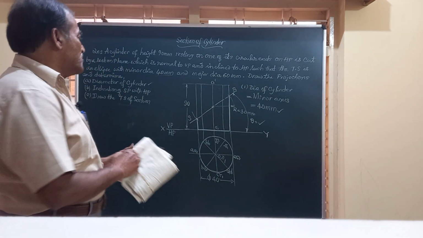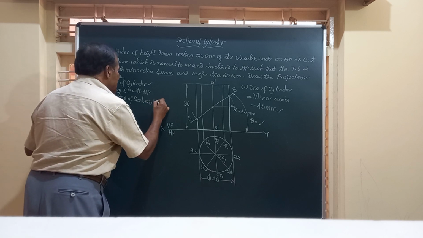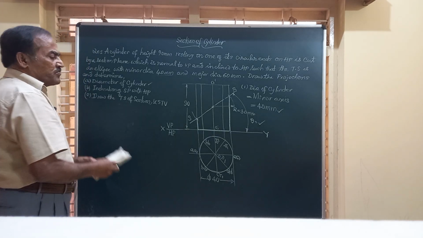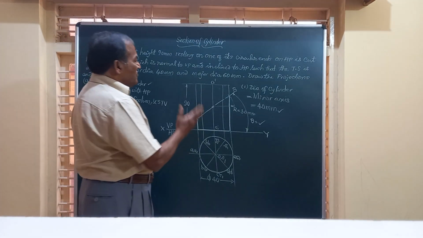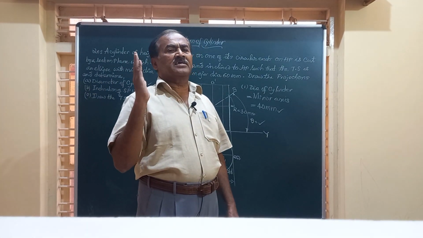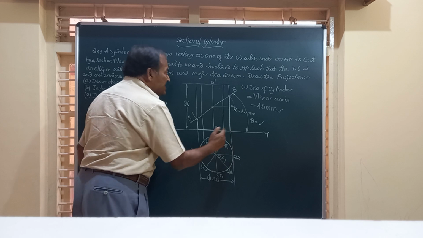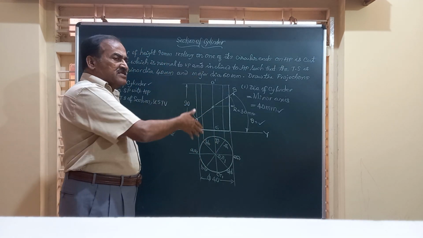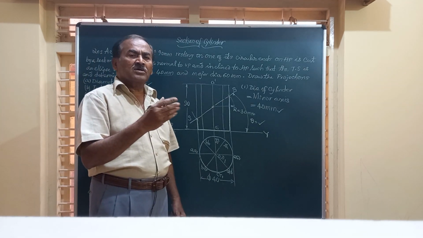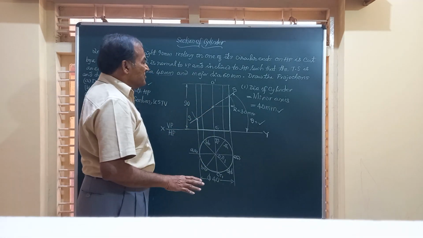So friends, to draw the true shape of section, and also the sectional top view, we will have both. So we'll have the sectional top view and true shape. Friends, whenever any of these prisms and cylinders are cut by a section plane between the top and bottom ends of that solid, whether it is a cylinder or a prism, irrespective of the orientation of the edges, what happens?